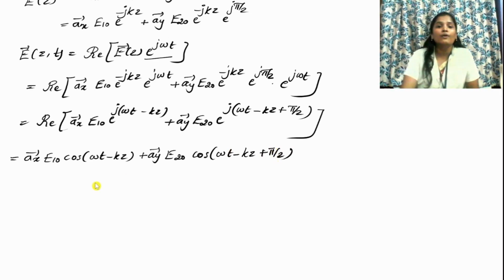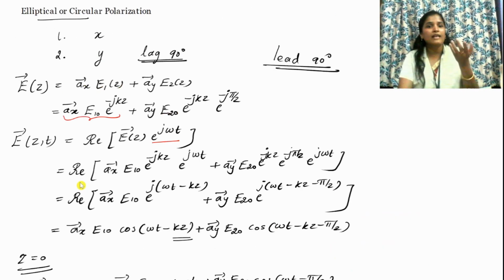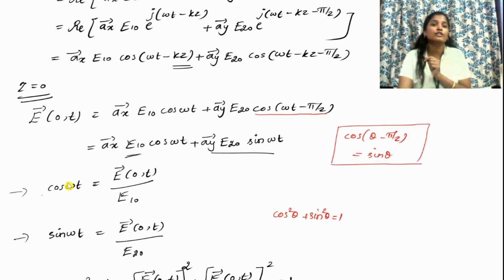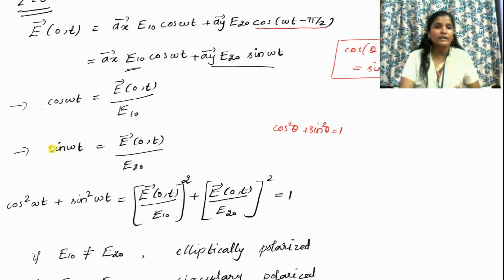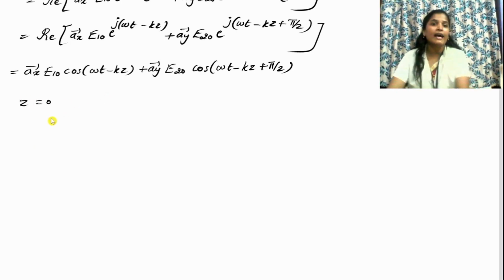For applying the boundary conditions, look back at the procedure: after the instantaneous expression, we substitute z equal to 0 in order to analyze the wave direction. So here also we substitute z equal to 0 in the above equation.